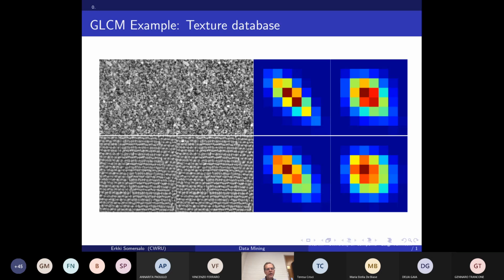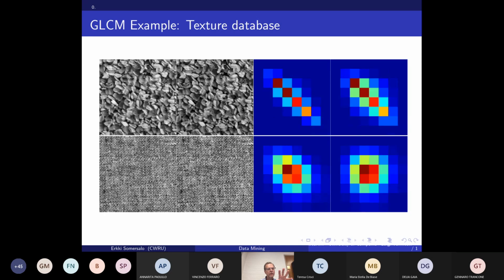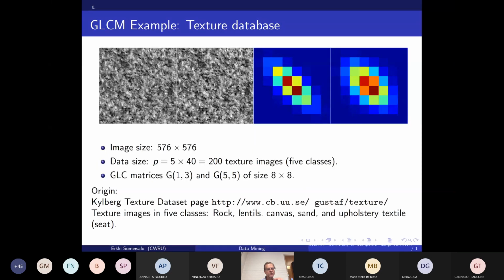And so now I'm asking a simple question here. Can I separate these different textiles or textures from each other using these grayscale co-occurrence matrices? So what I have done is I took these grayscale co-occurrence matrices, which are 8 by 8 matrices, and I'm reading them in a column-wise order.